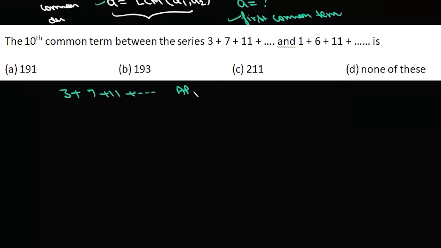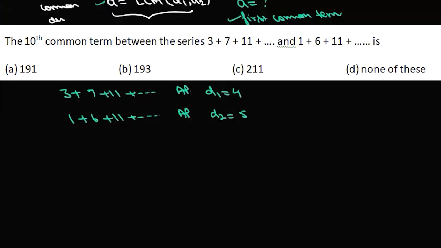It is an AP, and in this AP the common difference is 4, and then we have this second AP which is 1, 6, 11. So it is also an AP, and its common difference is 5.